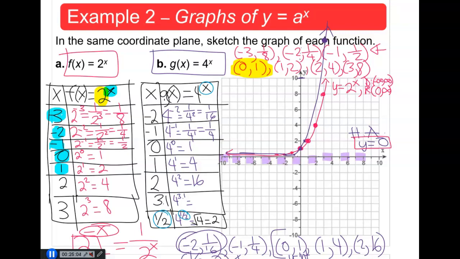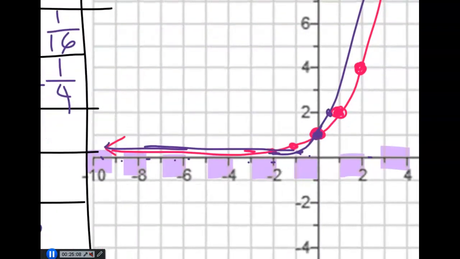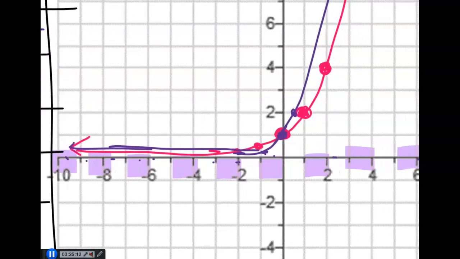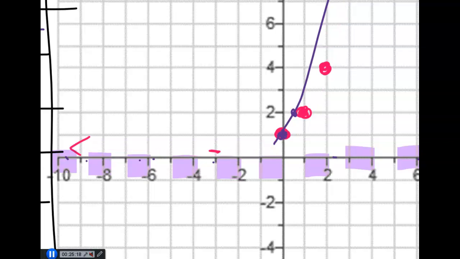And I really don't like what's happening here, how one is crossing with the other, because that's just not how it happens. Okay, and then we can do better.